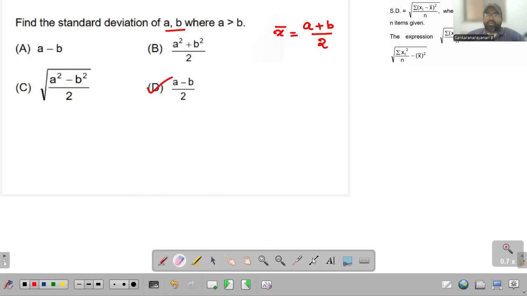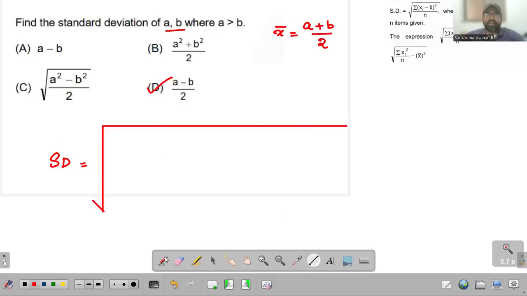So for everyone's understanding, for calculating the standard deviation, first you find the arithmetic mean, which is (a plus b) whole divided by 2. Then you find the root mean square deviation. So you take the square root symbol here.